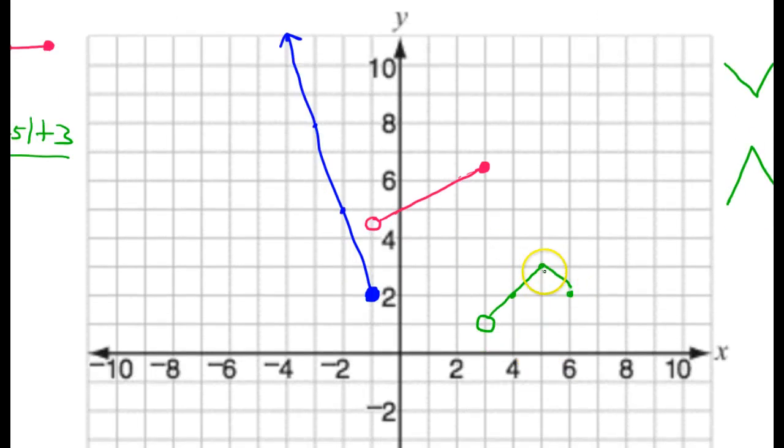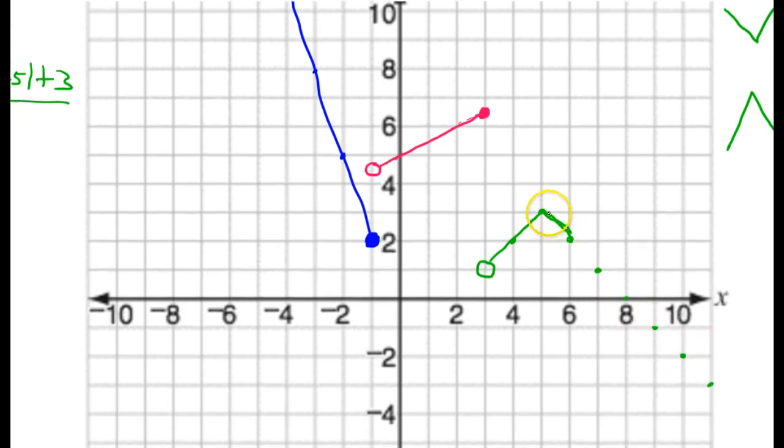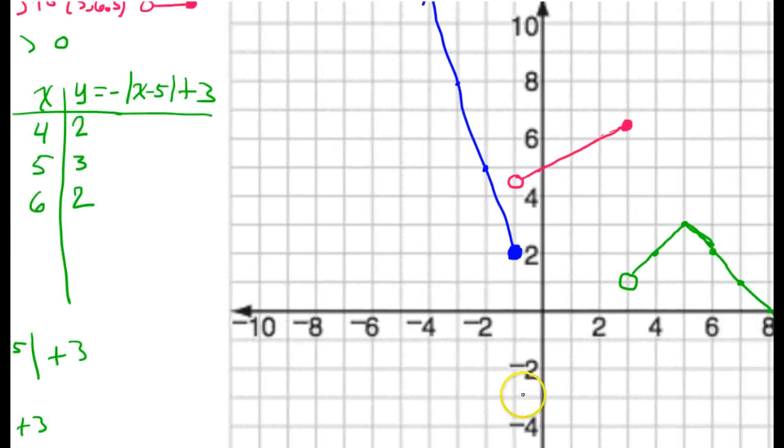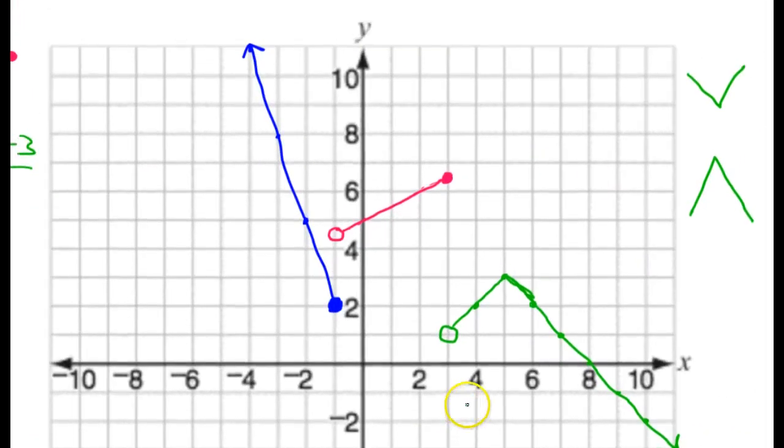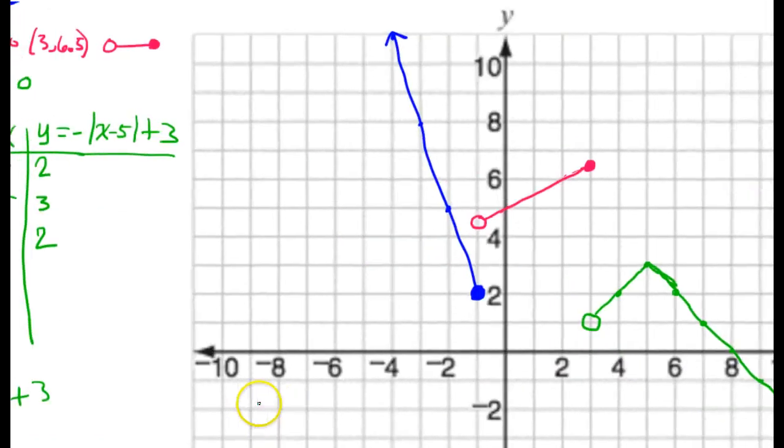So now it's going to come down and follow the same slope. It's going to continue to go down 1 over 1, just like this went up 1 over 1. This will continue to go down 1 over 1 as it goes off the edge of the graph paper. So that is it for problem number 9.